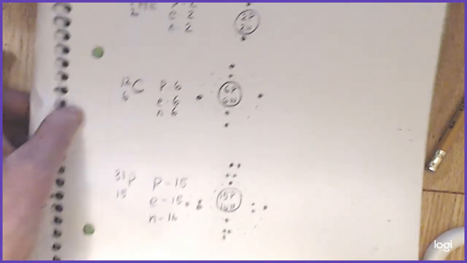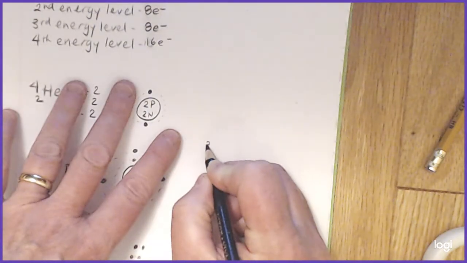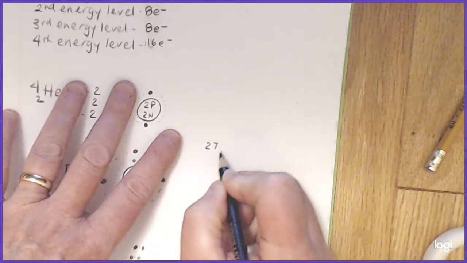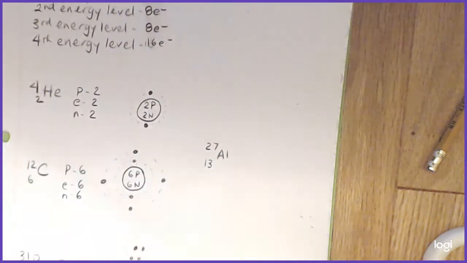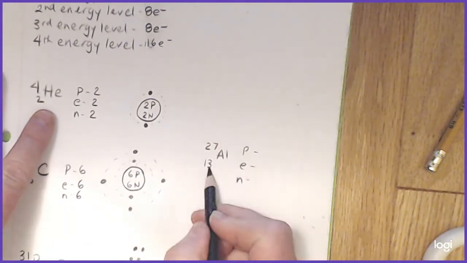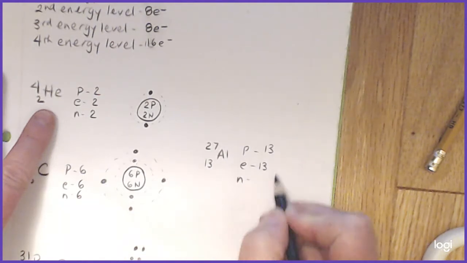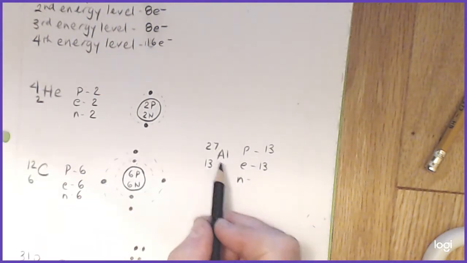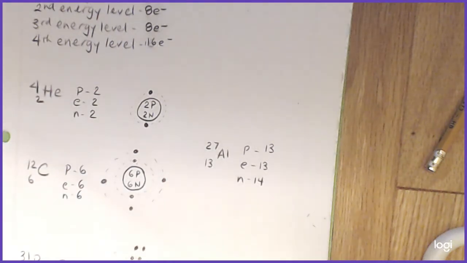Let's try one more before you work on the worksheet. Let's try aluminum. Aluminum, the mass is 27. The atomic number is 13. So for our protons and electrons and neutrons, we know we have 13 protons, we know we have 13 electrons, and for our neutrons, we do 27 minus 13, which gives us 14.